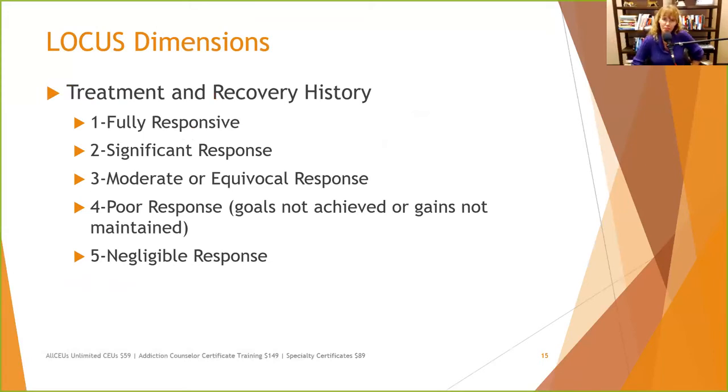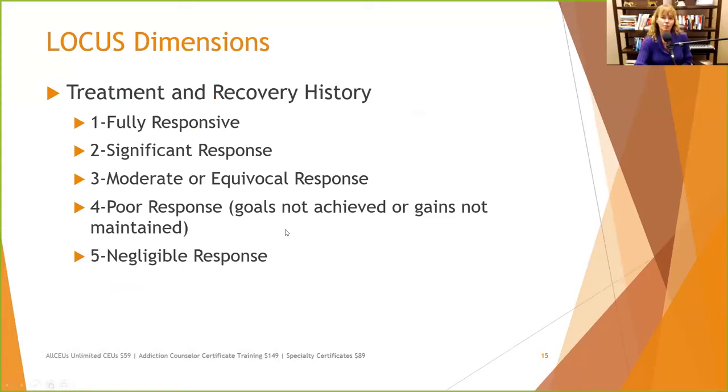The LOCUS looks at treatment and recovery history, which the ASAM doesn't specifically do. Was the person in treatment before and fully responsive? If so, they get a 1. Significant response, they get a 2. Moderate or equivocal, a 3. A poor response, if the goals weren't achieved or the gains weren't maintained. So maybe they achieved their goals and they got out and they relapsed 6 weeks later.